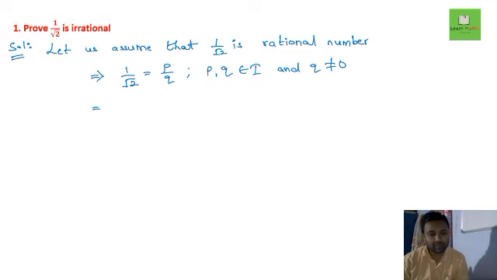Suppose we have not written the rational number in its lowest form, and p and q have some common factors. Then we can cancel the common factor, so that we get the simplest form a by b, where a, b are co-primes.